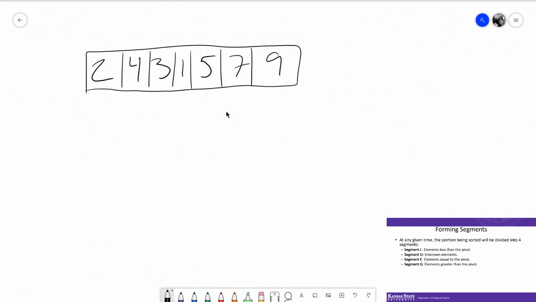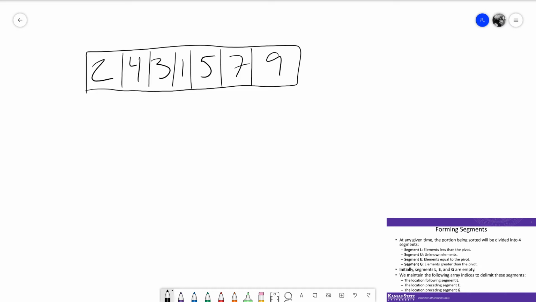Let's label where all of our segments actually are. So remember, segment L is going to be elements that are less than the pivot. And the index for our segment L is going to be the location following segment L. And so typically, right, the less than portion is going to be on the left, greater than is going to be on the right.